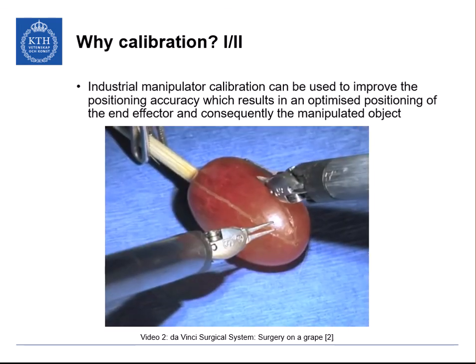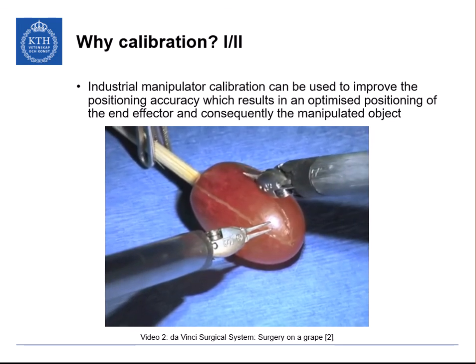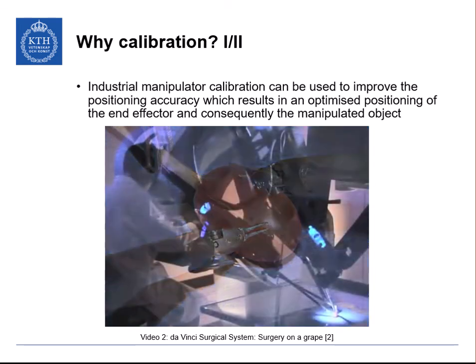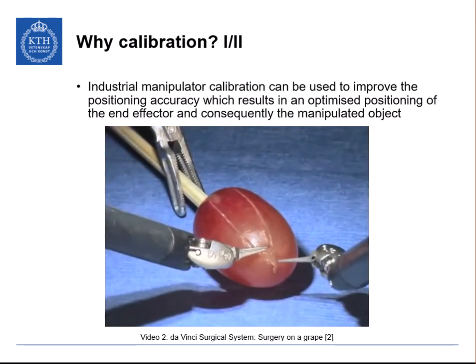Video 2 shows scalpels dissecting a grape, which are wielded by the da Vinci surgical robot system. For you as production engineers, the difference between a calibrated and an uncalibrated robot could mean failure or success for the task at hand. But it also has further implications.